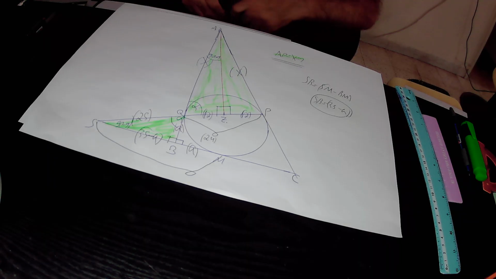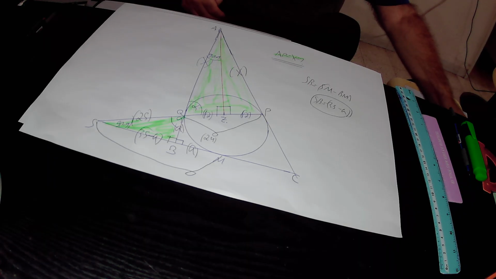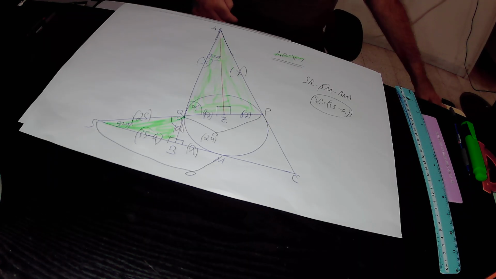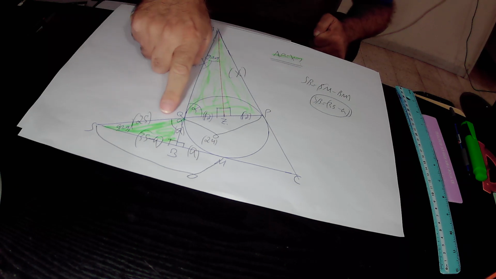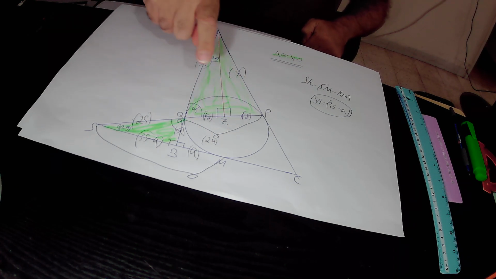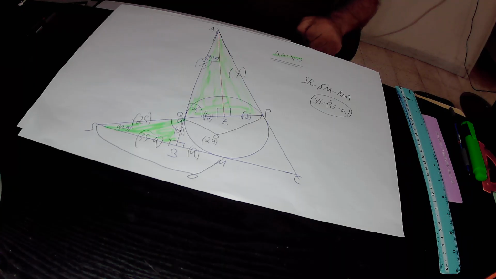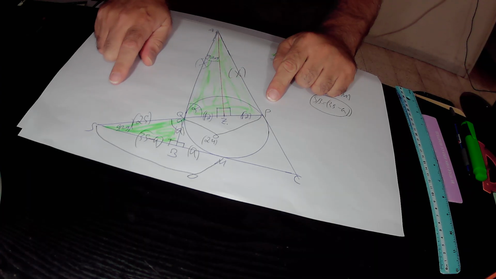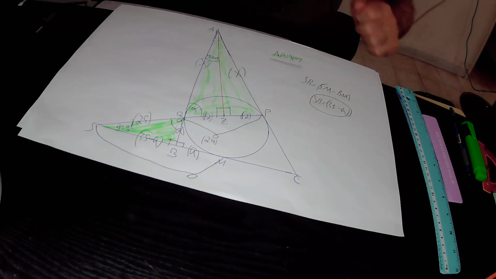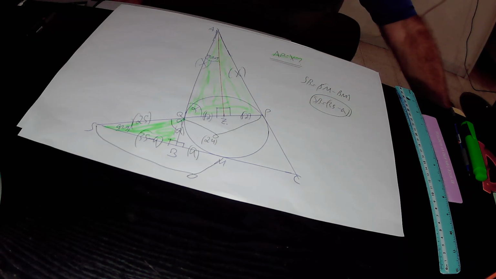In the next step, we focus on this common starting point S. From S, we have tangent SM, which is tangent to this circle at point M, and we also have the extended chord PQ touching point S. So all the requirements for rule 10 are satisfied, and we can implement rule 10 here.